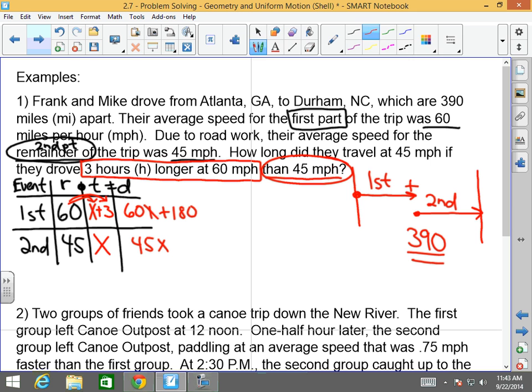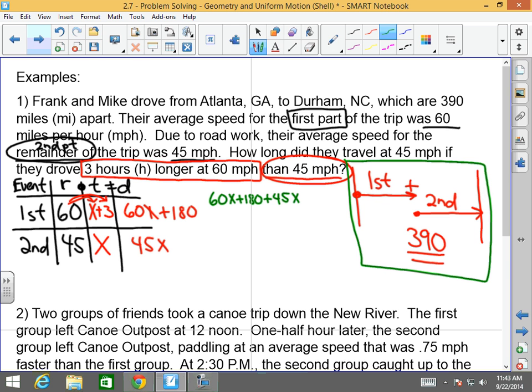So now, think about what we just drew here. You have the first part of the trip plus the second part of the trip equals 390 miles. And now once you've set up the equation, solving is the easy part.